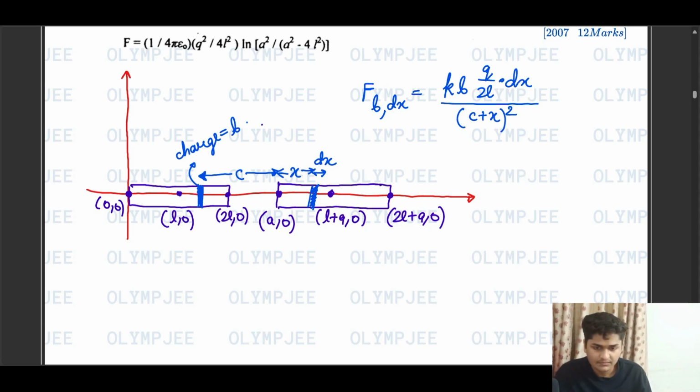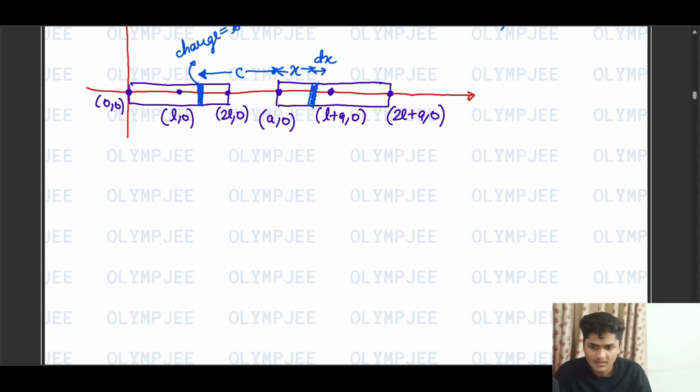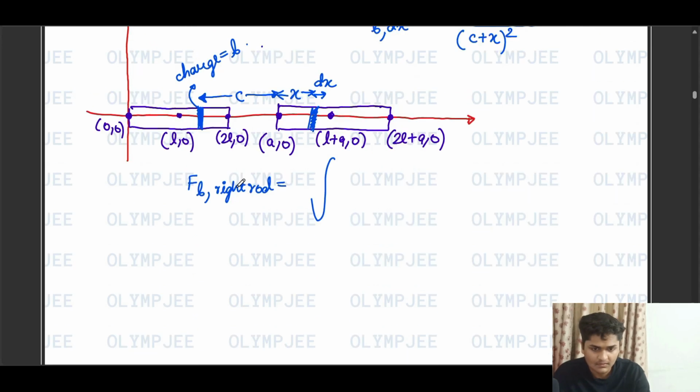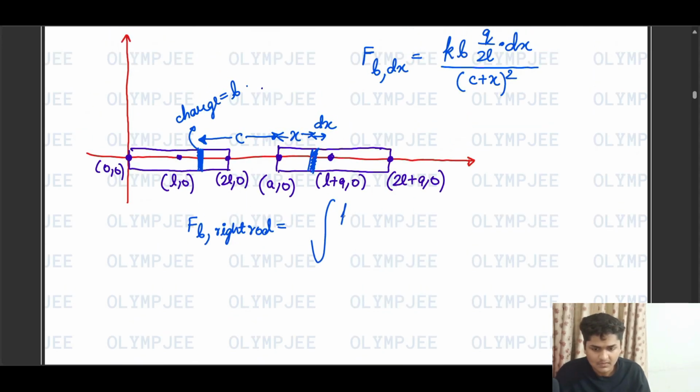So the force due to B on right rod will be given as KB Q by 2L multiplied by dx by (C plus x) square, and if we integrate this x from 0 to 2L, we will find the force due to B on this entire rod.